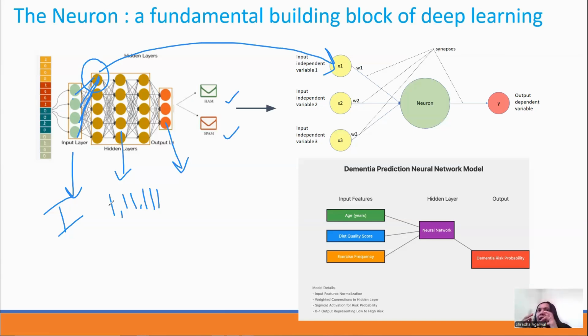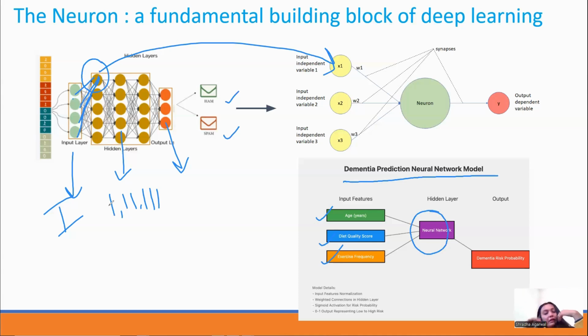But to make your life simple, in lecture 6, I explained a very easy problem. We were doing a dementia prediction neural network model, and your input features were age, diet, and exercise. All these input features together are going inside one neuron.